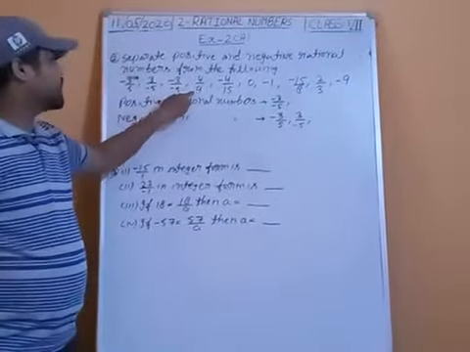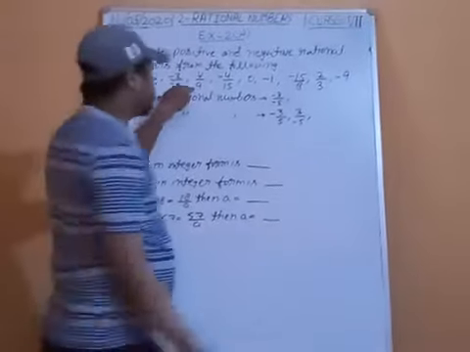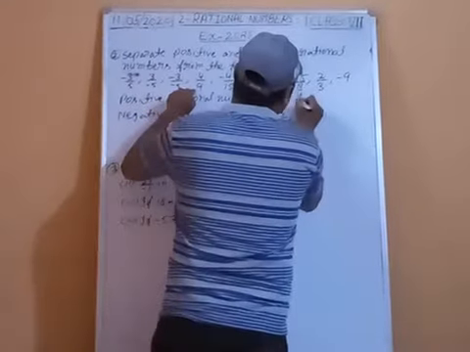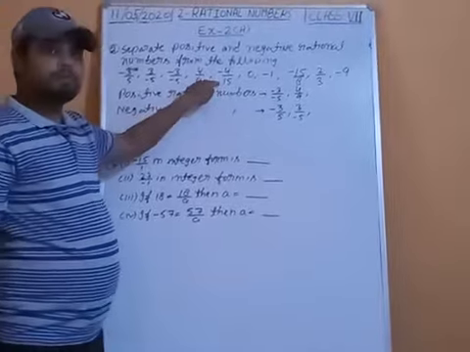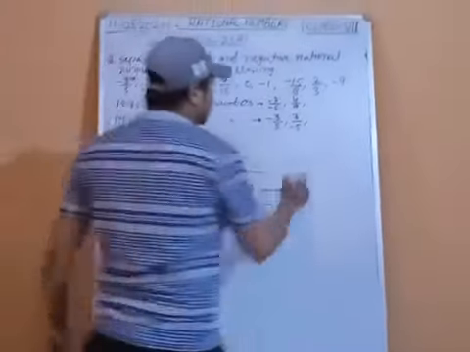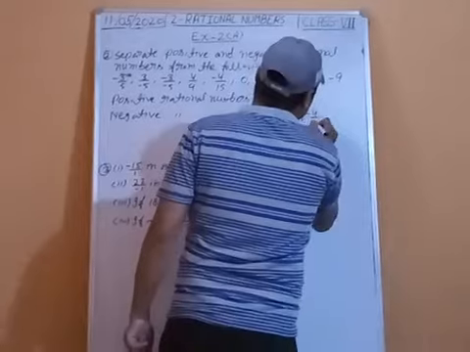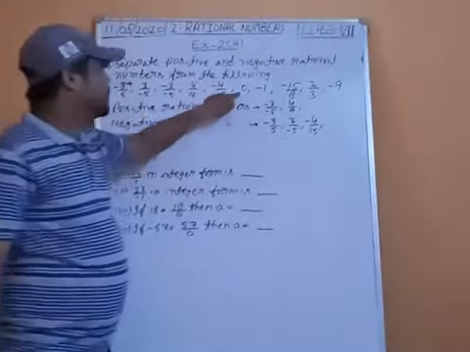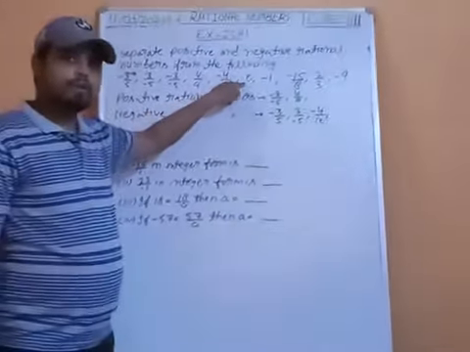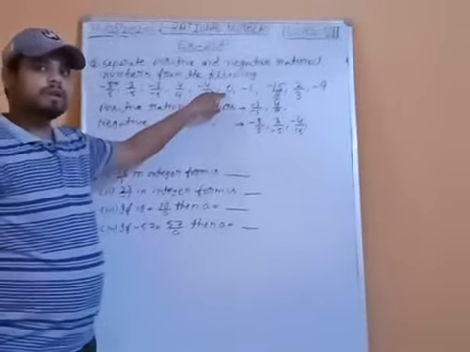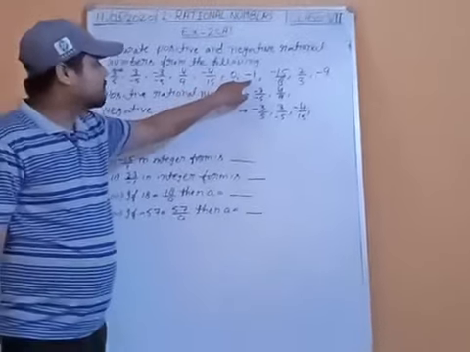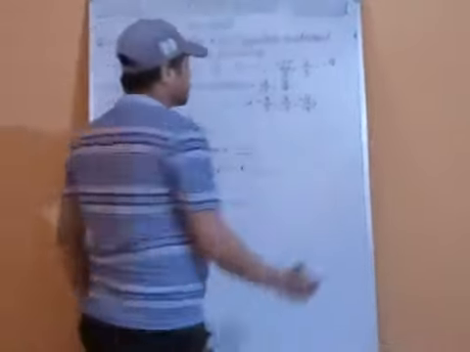Then 4 upon 9 is a positive rational number, it is clear. Then minus 4 upon 15, minus plus, negative, so minus 4 upon 15. Then 0. 0 is neither positive nor negative. Next, minus 1 clearly is a negative rational number.